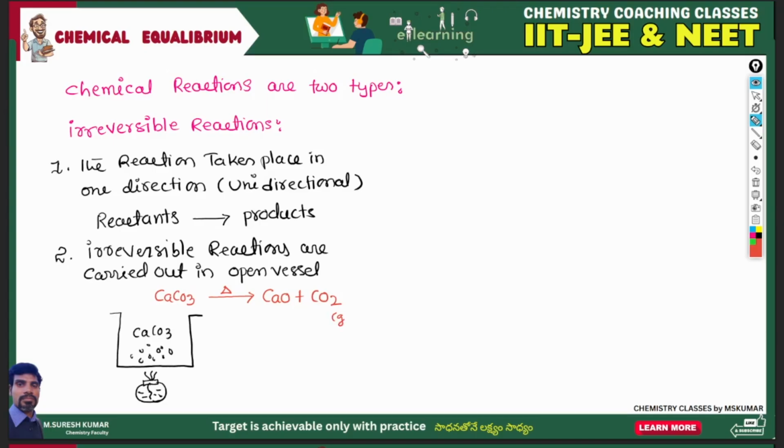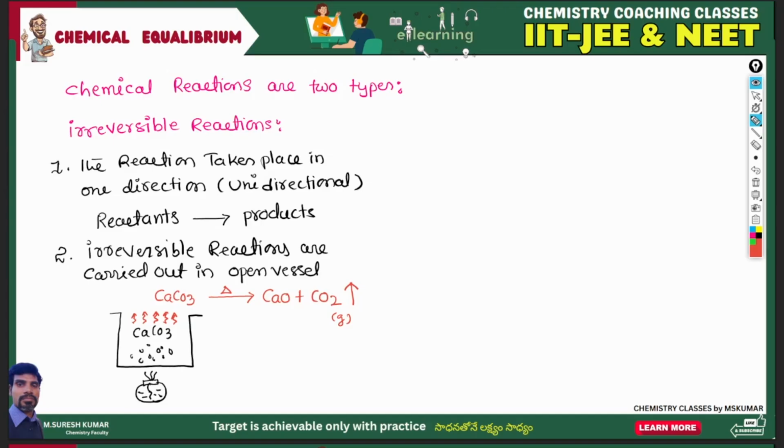Carbon dioxide is obtained in which state? Gaseous state, so that the gas escapes from the reaction medium, so the products can never react back. Clear? So thermal decomposition of calcium carbonate is an example of an irreversible reaction.